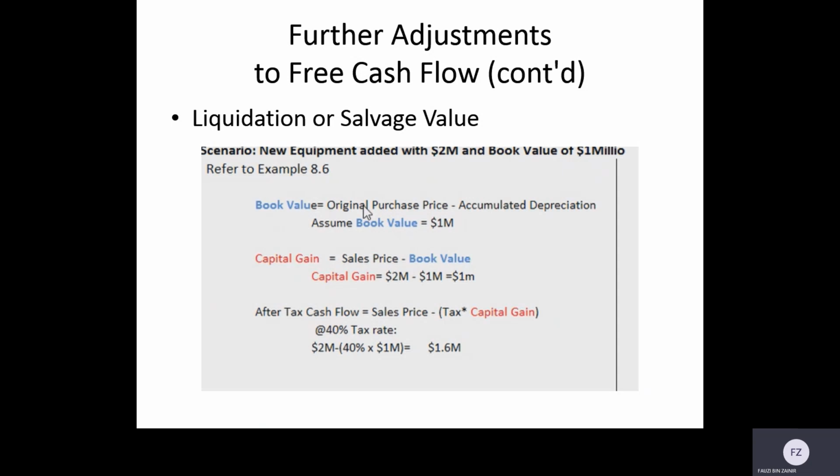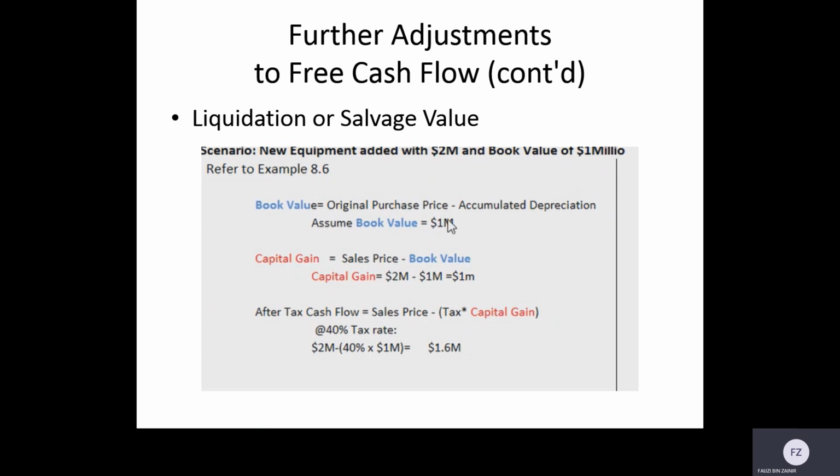The book value is the original purchase price minus the accumulated depreciation. These numbers should be shown in the balance sheet. Here the amount given is already $1 million.